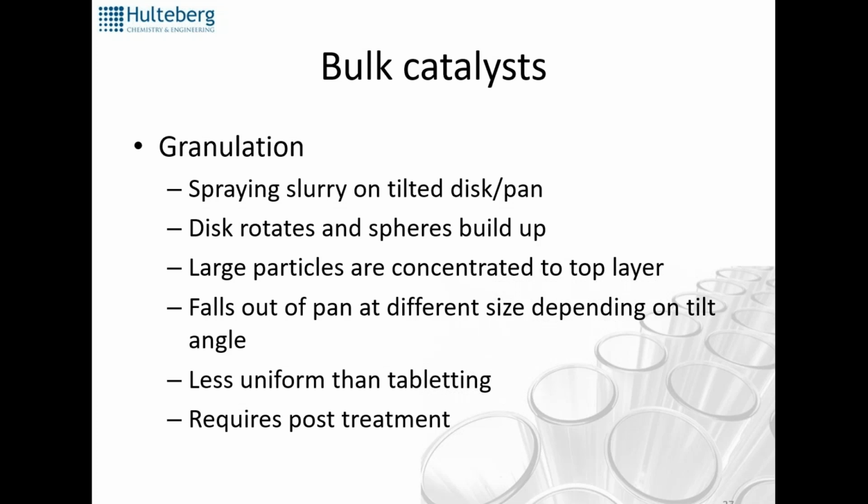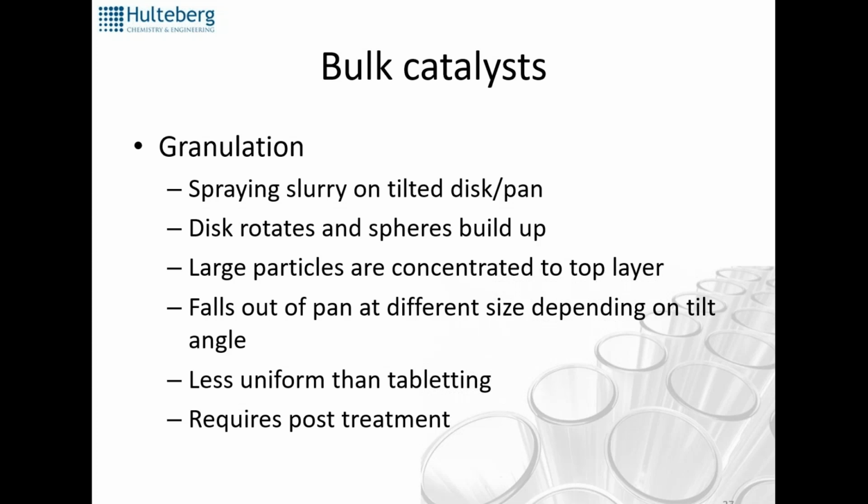And since we have an angle on the pan, the largest particles will actually fall out of the pan and into a storage unit. Depending on the tilt of the pan, you can actually control your particle size, but of course it also depends on the slurry quality and all that. So we do form roundish material, but it's much less uniform than tableting, but as a low-cost alternative, it's actually quite attractive.